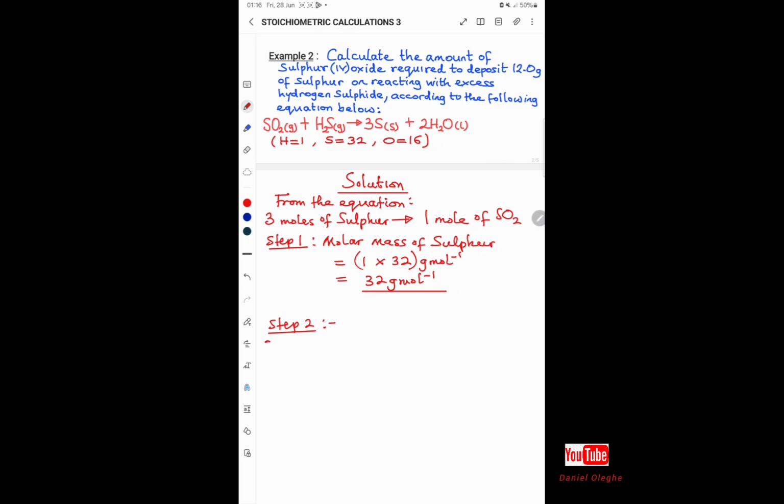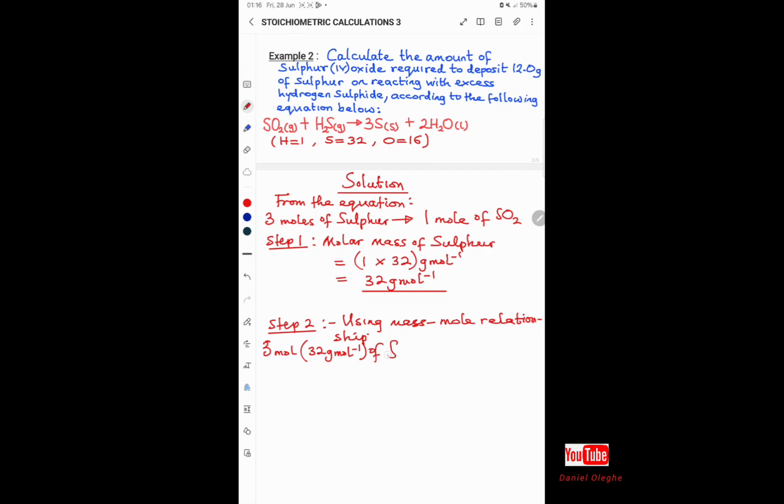So we change using mass to mole relationship. So you have 3 mole multiplied by 32 grams per mole. You always multiply the mole by the molar mass of the substance to get the mass in gram.